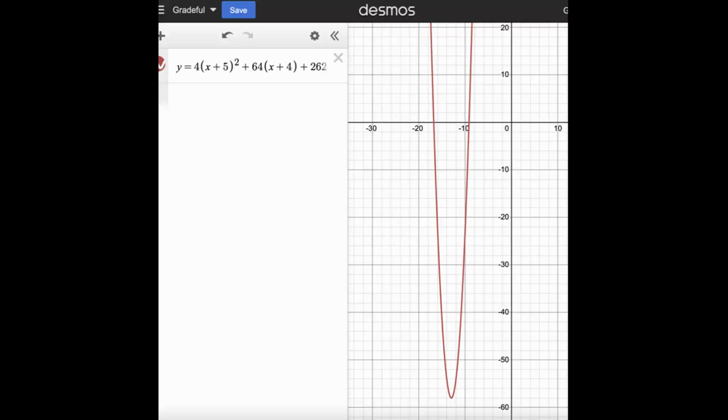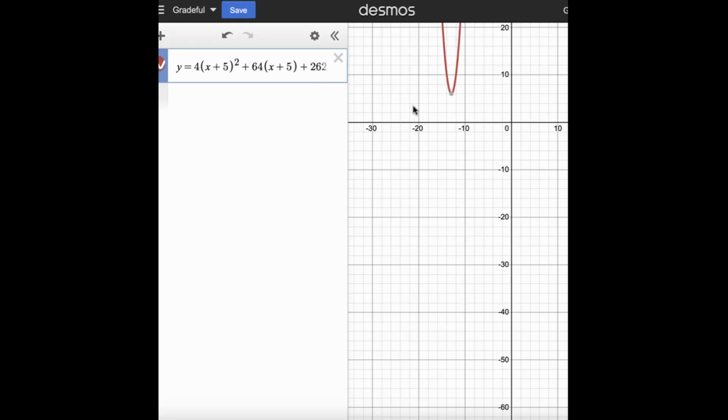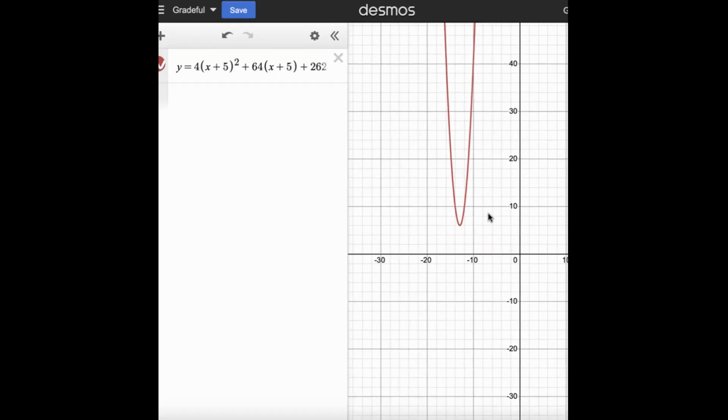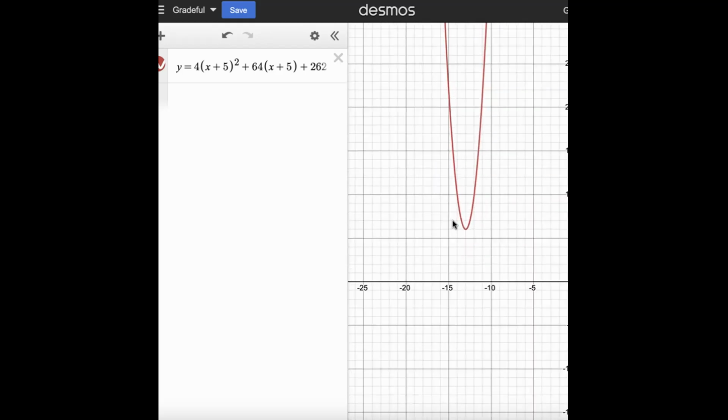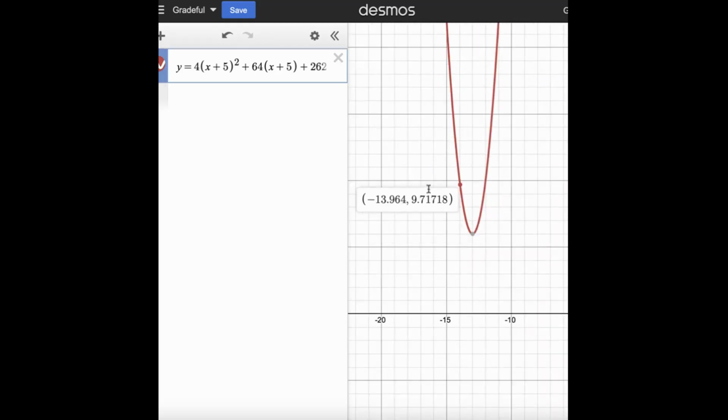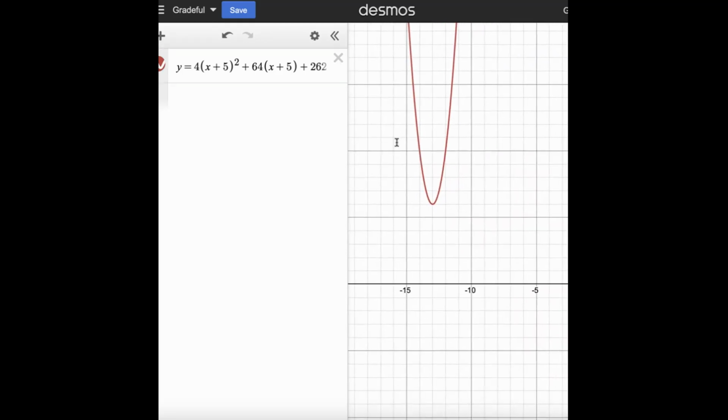So what you're looking at here is that we went over to Desmos and we plugged in exactly what we had: 4(x plus 5) squared plus 64(x plus 5) plus 262. And what you're seeing is a parabola in this space. Desmos is great for zooming in and out. When you take an SAT, you should have access to Desmos and also bring in your graphing calculator.